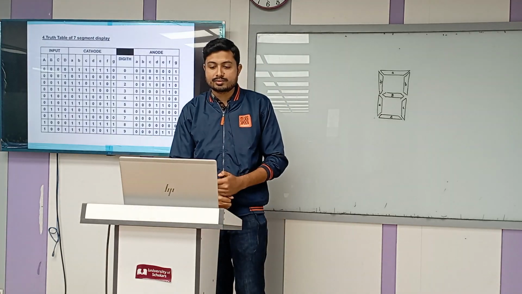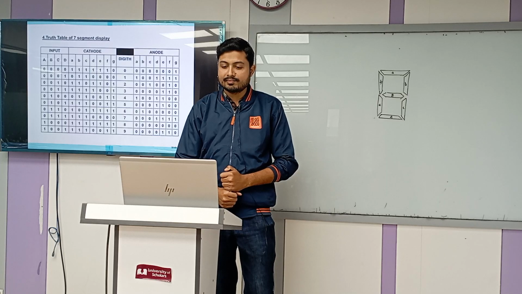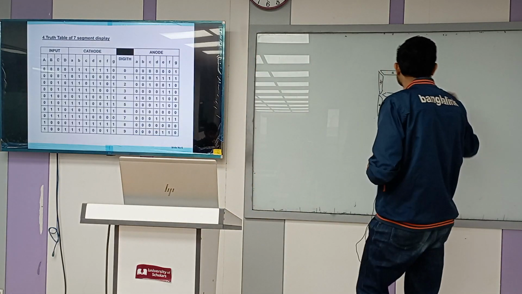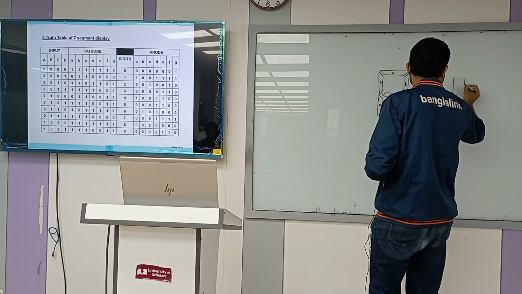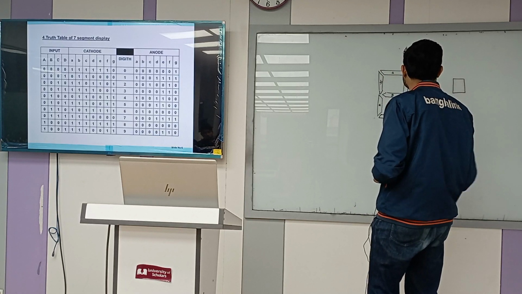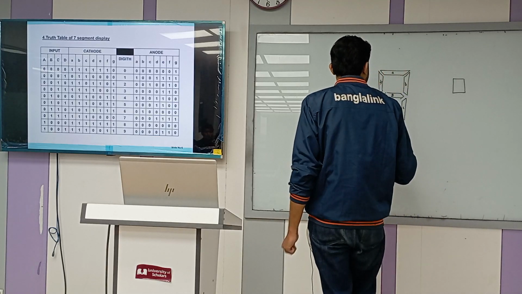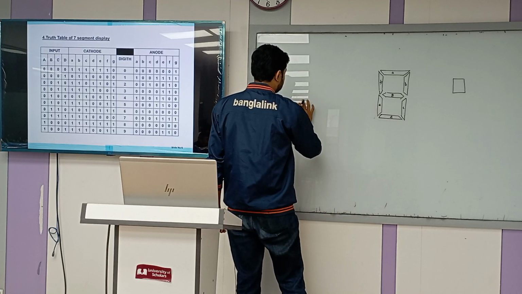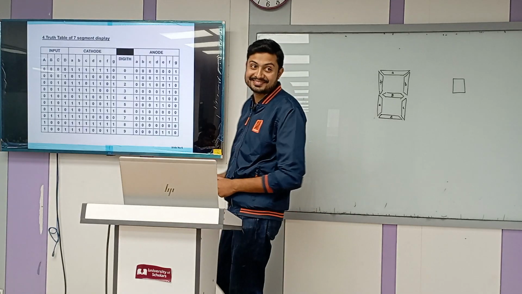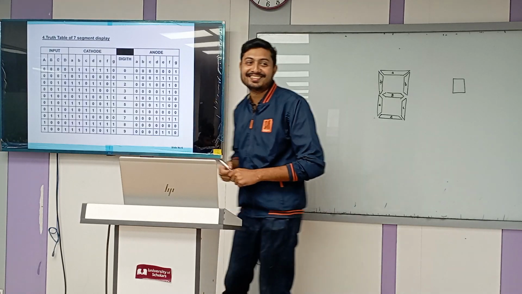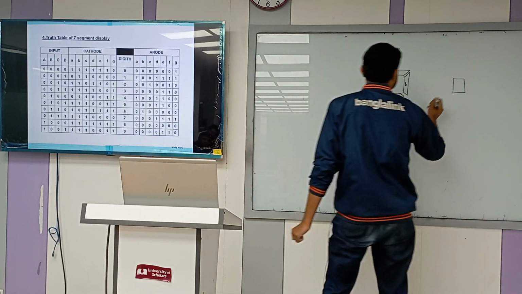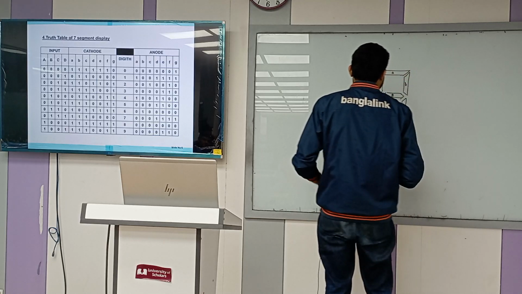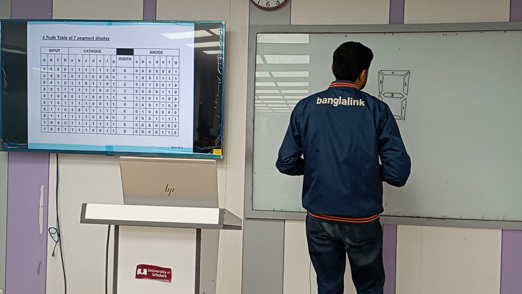Here is the truth table of the 7-segment display. For the digit 0, in the common cathode type display, which alphabets are logically high?